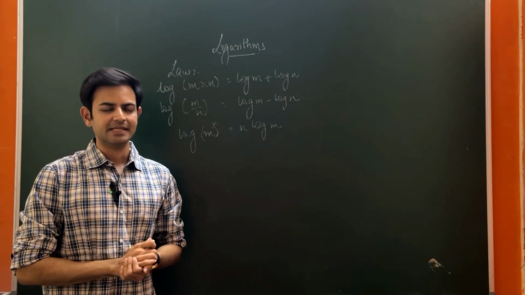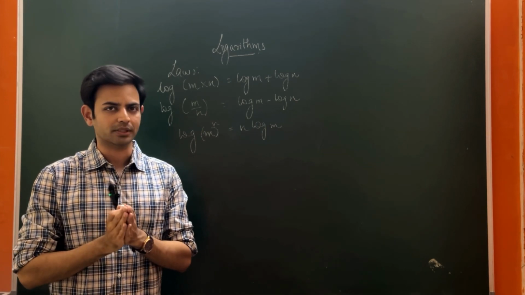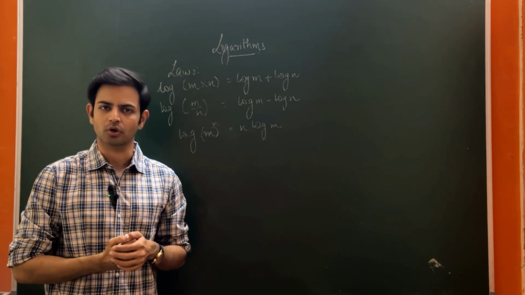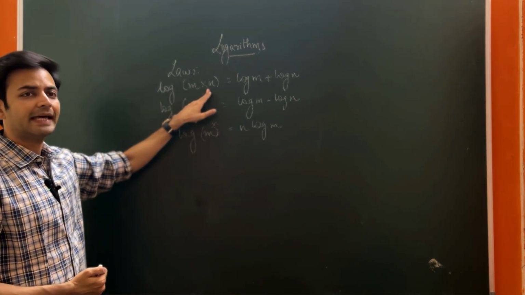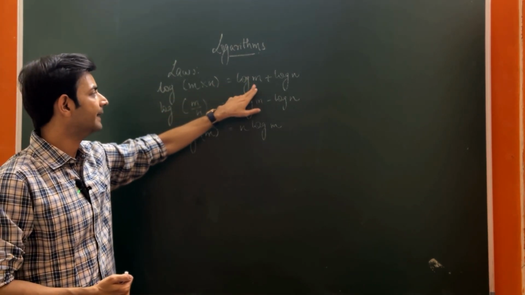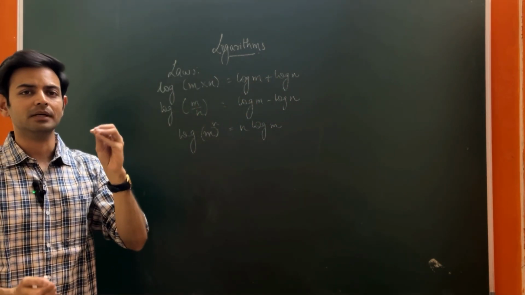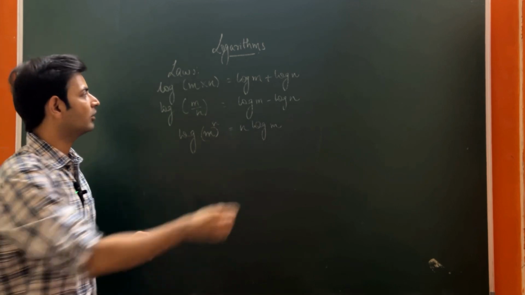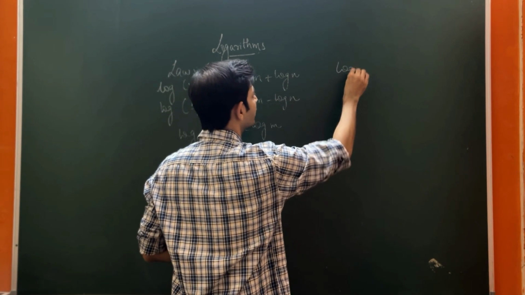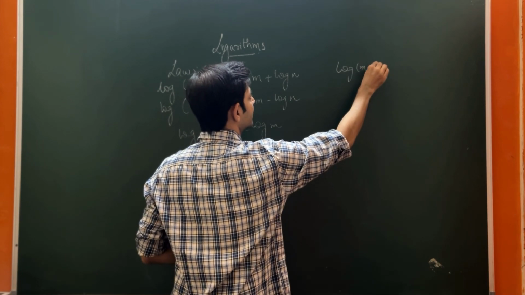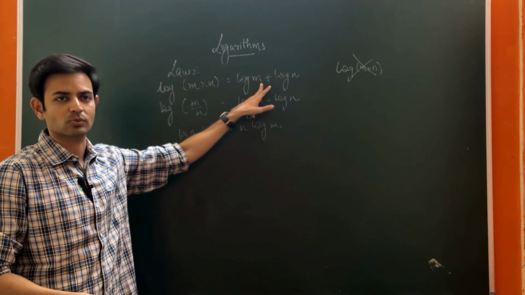Let us understand some laws of logarithms. Now these laws are very important for you to solve questions of logarithms. Now log of m into n is equal to log m plus log n. Now always remember, kids usually make a mistake of writing log m plus log n as log of m plus n. No, they are not equal. This is not same as this one.